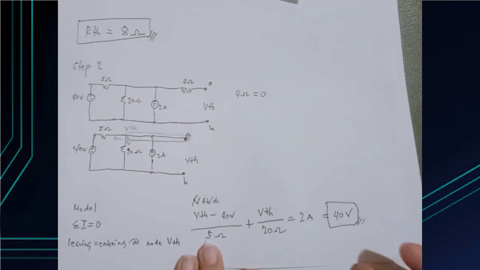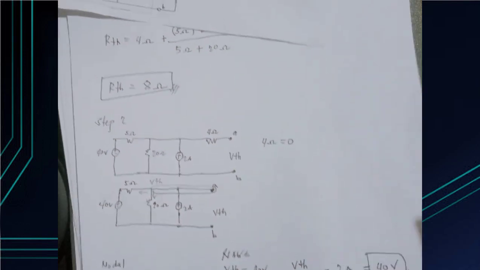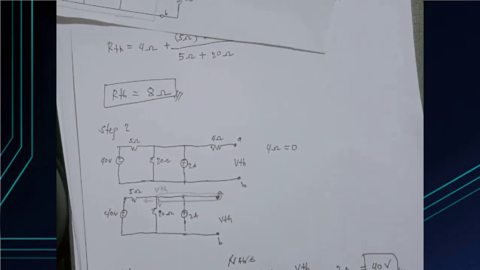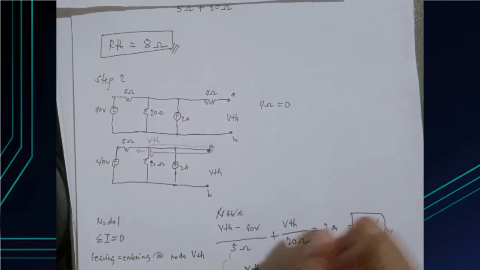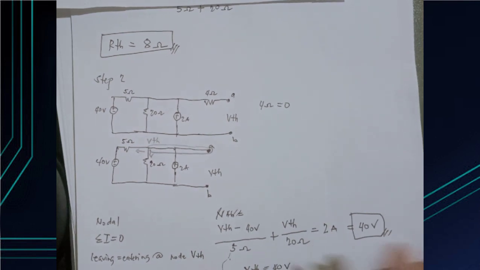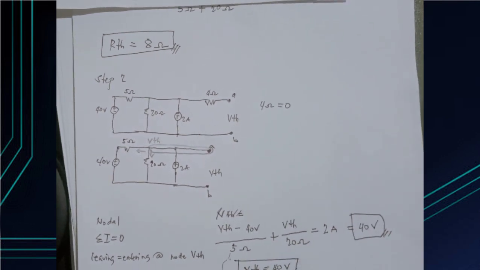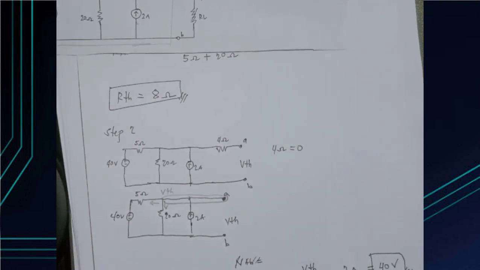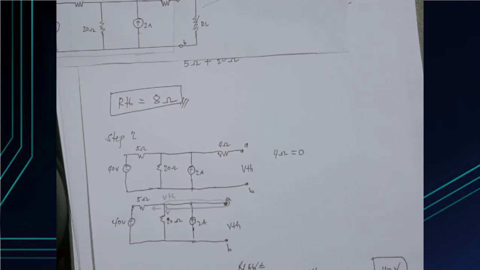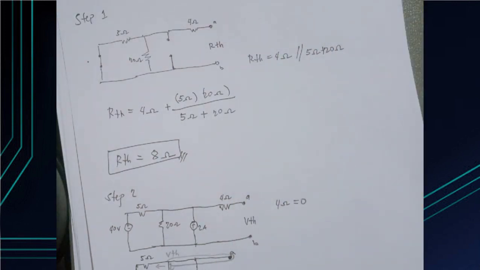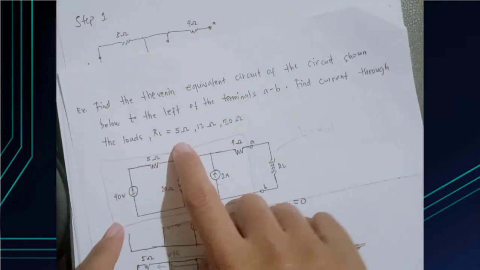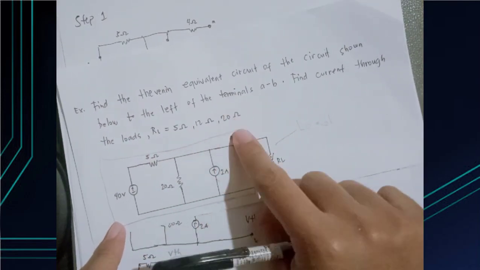So, how can we solve the current? Since nahanap na natin ang VTH natin, is equals to 40 volts, pwede na nating makuha at gamitin yung formula kanina para makuha yung I-load at saka voltage load. So, pwede na nating makuha yung I-load sa given na RL kanina. Yung RL is equals to 5 ohms, 12 ohms, saka 20 ohms.